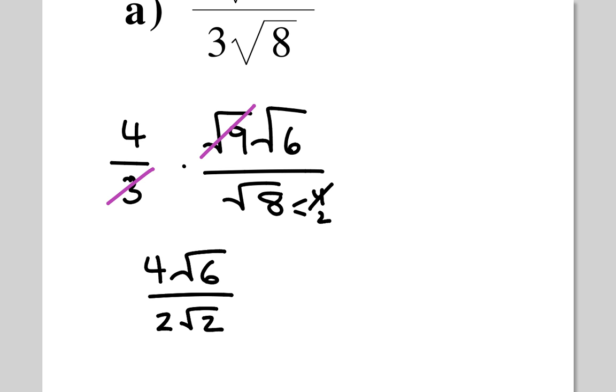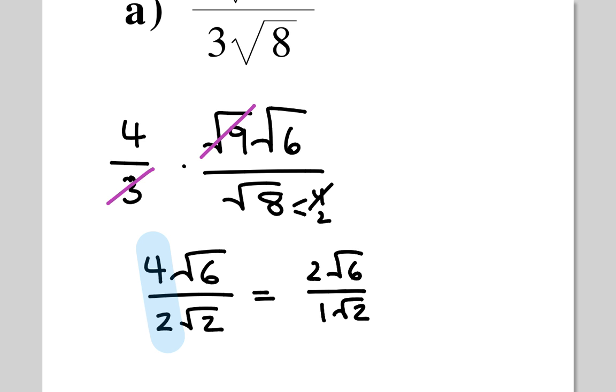Right? And then what happens with these two coefficients now? What do you do with that 4 and 2? 4 divided by 2 is 2 over 1. Do you need to write the 1? I could. Whatever.